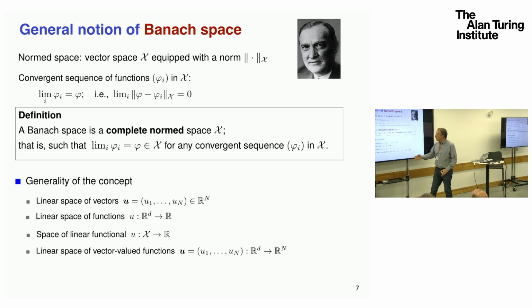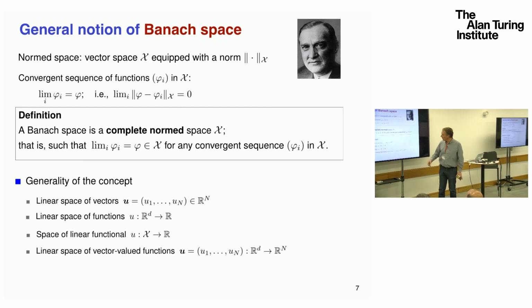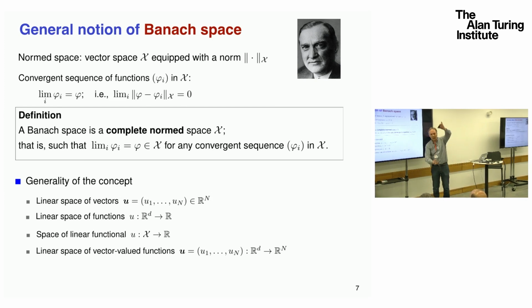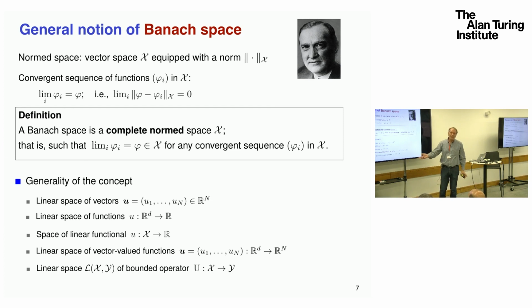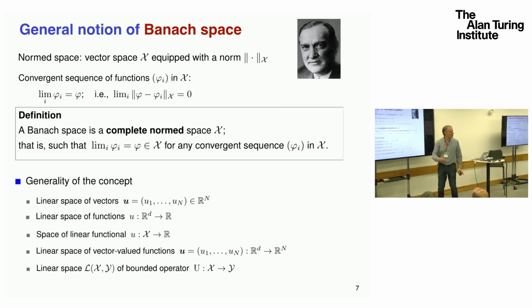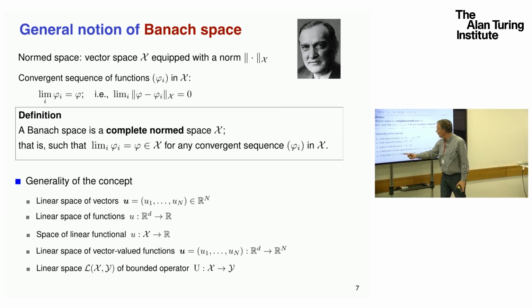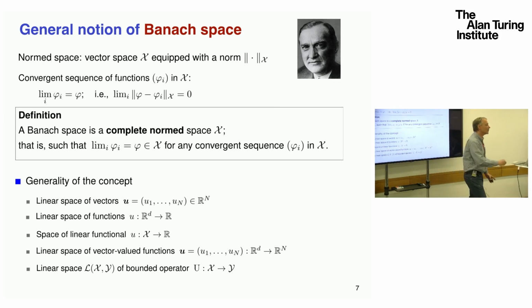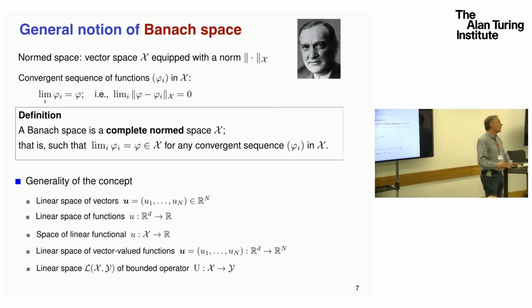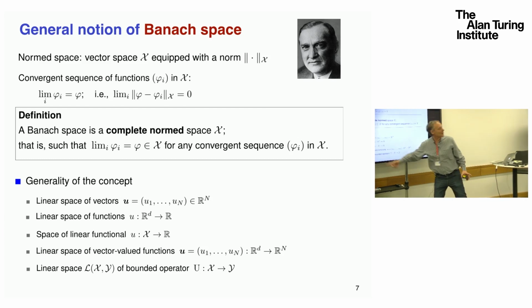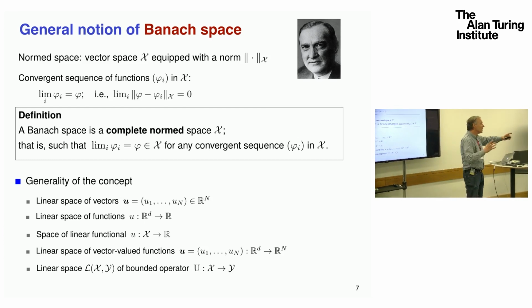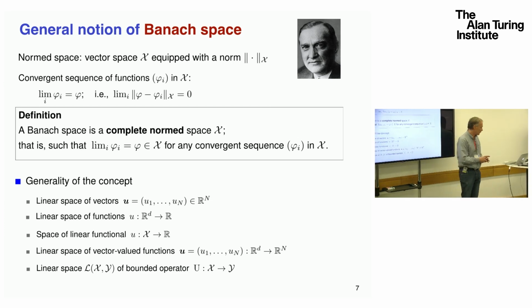You can also consider linear spaces of vector-valued functions, when you have an output that's also multivariate. And this is the ultimate generalization, which we heard in Justin's talk: linear spaces of bounded linear operators from a Banach space to a Banach space, where the Banach spaces themselves could also be stuff like that, et cetera. Well, there's some restriction, but this is really general.